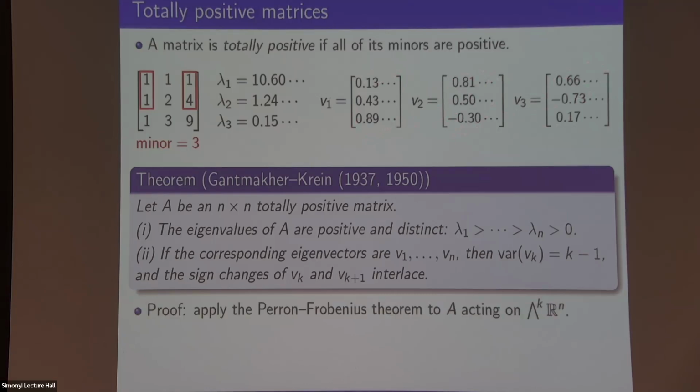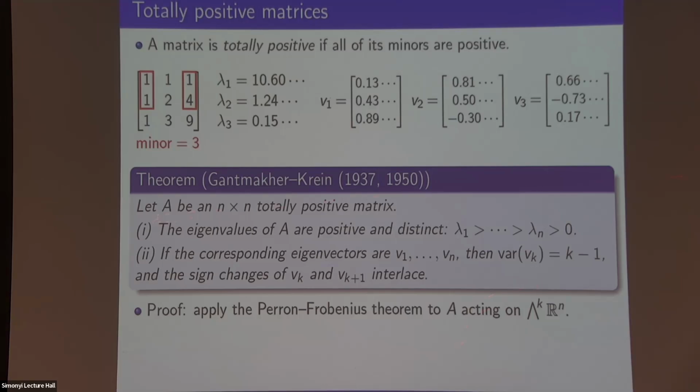I won't go into detail on the proof, but the idea is the following. We consider A acting on the kth exterior power of R^n. This is an n choose k dimensional vector space, and we can think of the action of A as a big n choose k by n choose k matrix. The entries of that matrix in the standard basis of this exterior power are precisely the k by k minors.